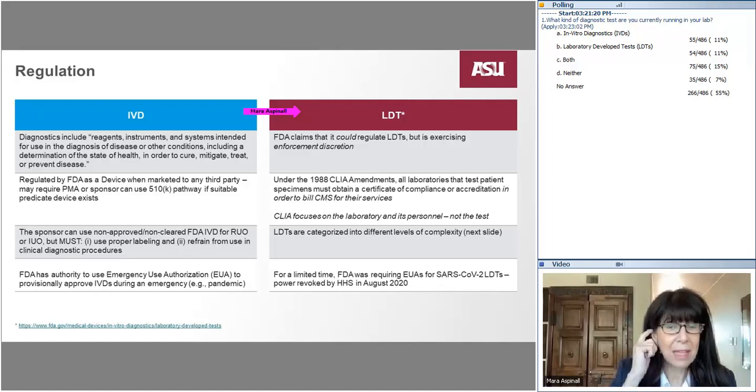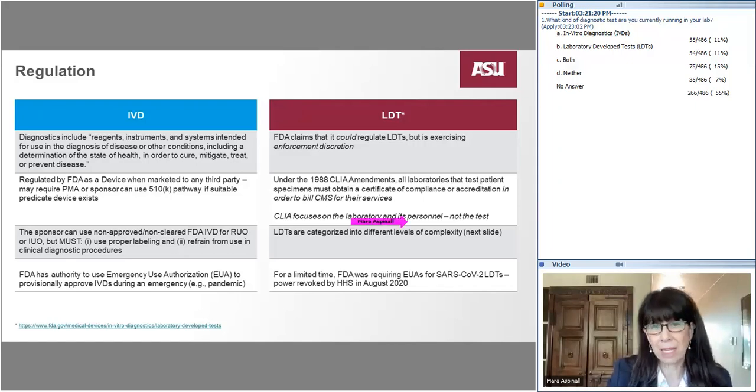You need to validate and verify the processes, but your lab is what goes through CLIA. And when it says personnel, it means personnel. It means what your people are wearing, how they're being trained, what experience they have, whether they're wearing open-toed shoes, etc. LDTs and IVDs are classified by different levels of complexity.